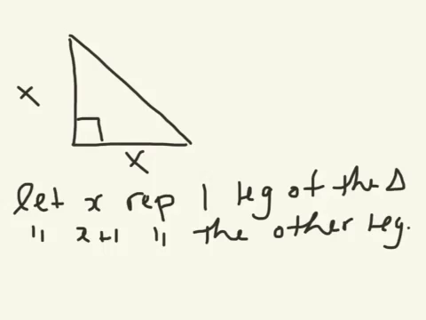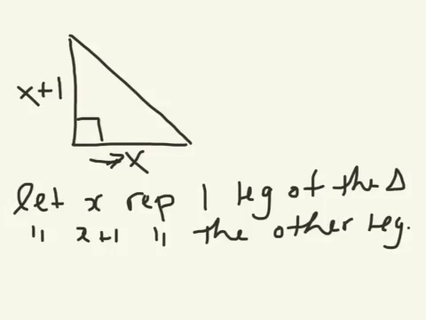Alright. Now the last piece of information says that the length of the hypotenuse is 9 centimeters greater than that of the shorter leg. So, if the bottom one, this one here, is the shortest leg, then the other leg is going to be my x plus 1. And the hypotenuse is 9 centimeters greater than the shorter leg.